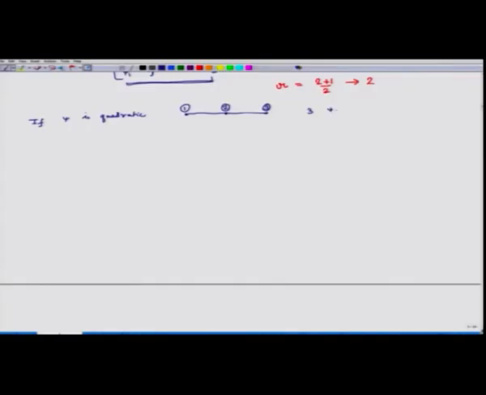Similarly, for a quadratic element, there are 3 nodes, it will have 3 quadratic functions, psi_1, psi_2, psi_3, right. So, we will have psi_1, psi_2 and psi_3, and the value of psi_1 is going to be 1 at the first node, and it will be 0 at nodes 2 and 3.